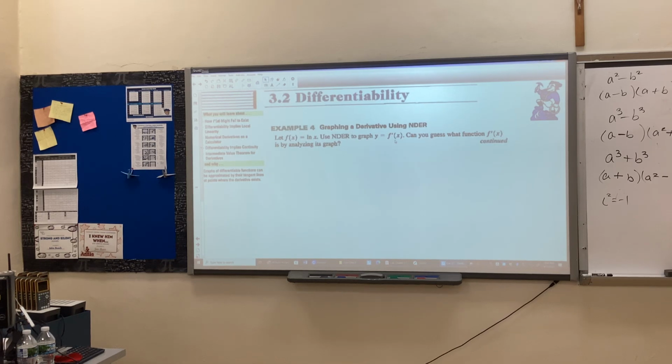Use n-deriv to graph the derivative of the natural log of x. Okay, so I'm going to teach you that process. We'll use it a thousand times when we start taking calculator tests.